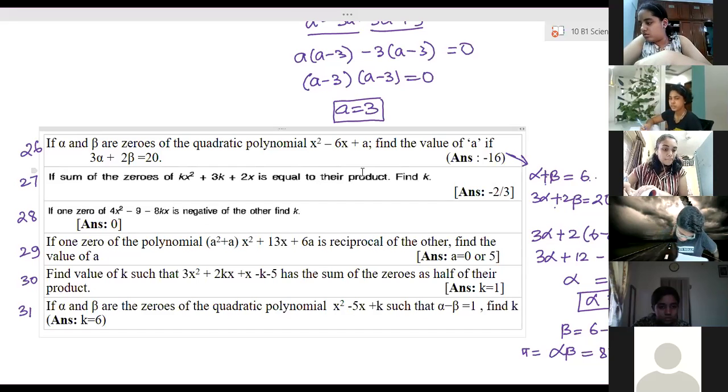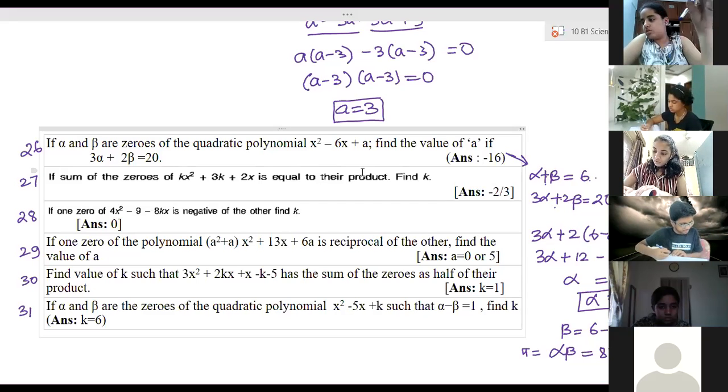K is the value of A. B is 2 and C is 3K. K is minus 2 by 3.